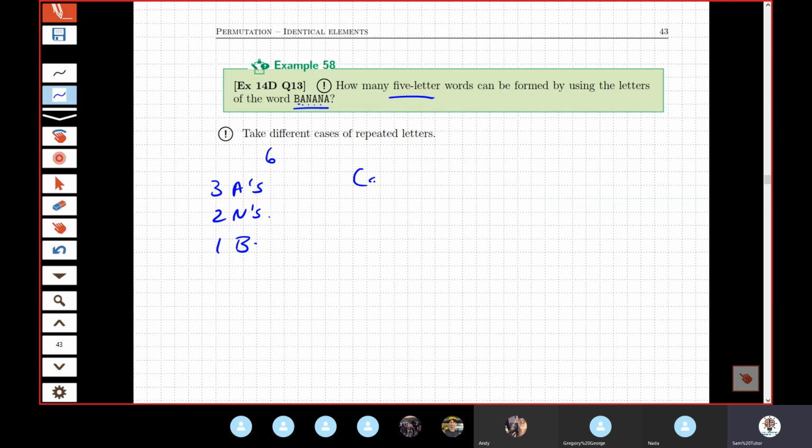So case 1, you can get 3 A's, 2 N's. Case 2, you could get 3 A's, 1 N, 1 B. Case 3, you could get 2 A's, 2 N's, 1 B. Case 4, oh wait, 1 A, 2 N's, 1 B, and then 1 possible.